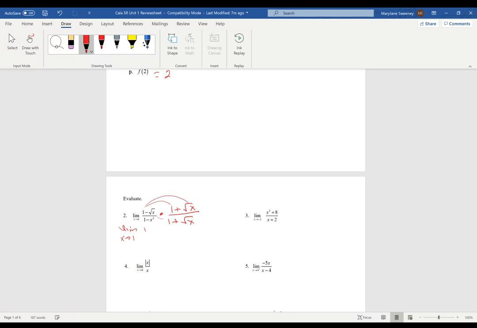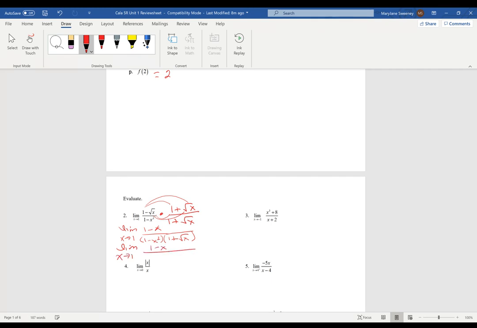Firsts, outers, inners are just going to cancel, and then lasts are going to give me minus x. On the bottom, where I have the radical with the non-radical, I'm going to purposely leave it factored, and we're going to see in a minute the reason I'm doing that.